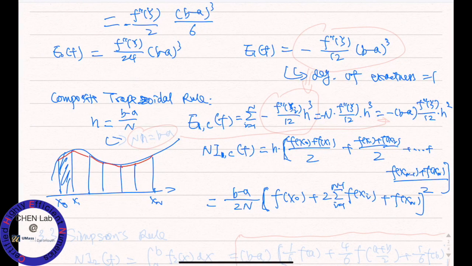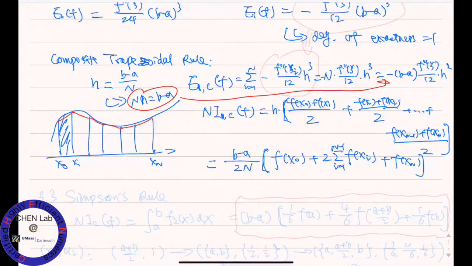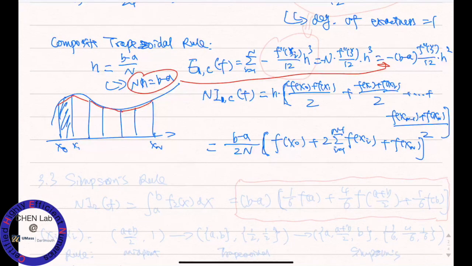This means that n times h is b minus a, which is what we're using there. h cubed is h squared times h, and this is what we used here.